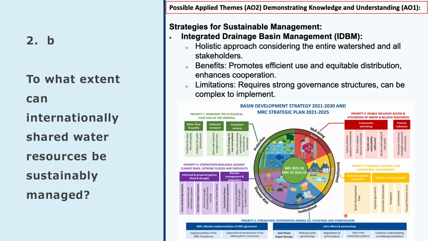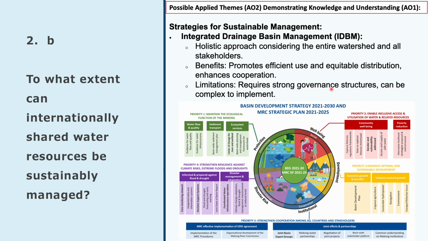And so this type of plan promotes efficient and equitable use of the water resources across the drainage basin, and it improves cooperation between different places and peoples, but it also requires a lot of planning and governance, and it can be very complex when we take into account all of the different factors.